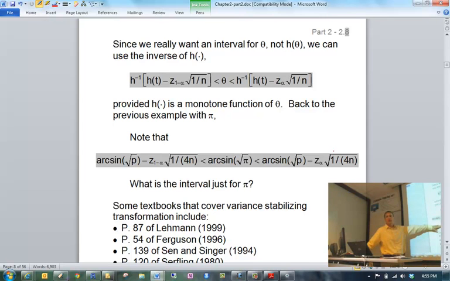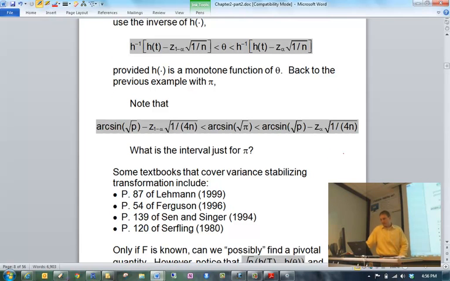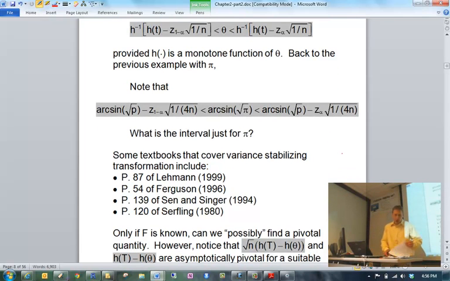It works much better than the Wald confidence interval for pi itself. For those of you who have my 875 course, I don't usually talk about this interval because it was better than that. Okay, so it's a very common technique to use in statistics. It's a useful thing to put in your statistical toolbox.